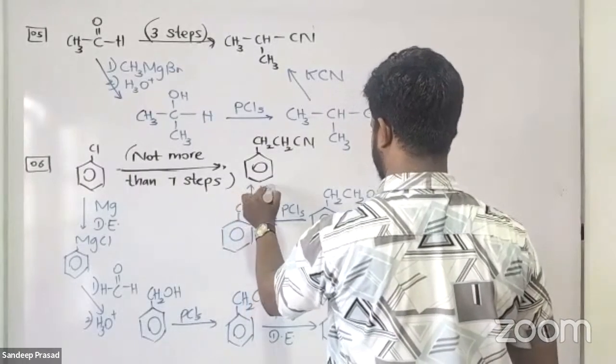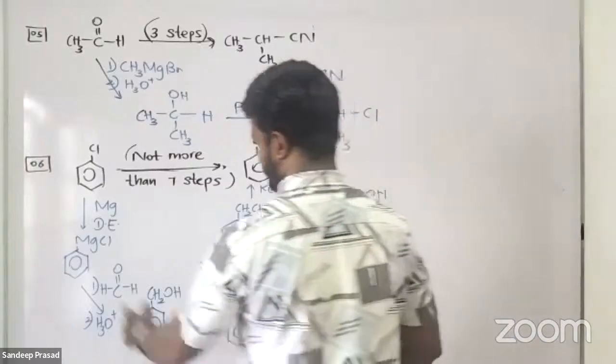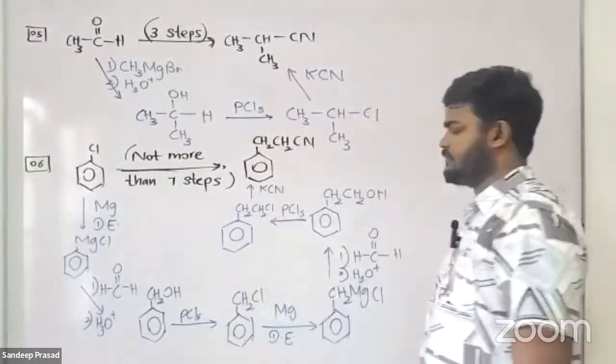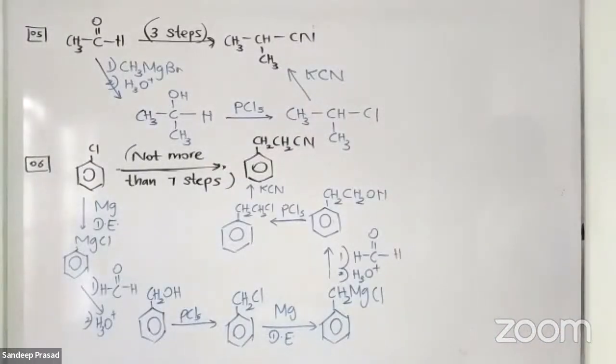From here to here, KCN. How many steps have we used? 1, 2, 3, 4, 5, 6, 7. We have used 7 steps. They have given not more than 7 steps. Therefore, these are the 2 conversions.